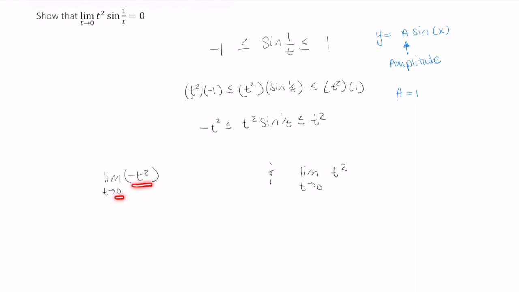Okay, so let's start with this limit. 0 is in the domain of -t squared, so I can apply the direct substitution property and make this -0 squared, which is just 0. And 0 is also in the domain of t squared, so this is just 0 squared, which is just 0.